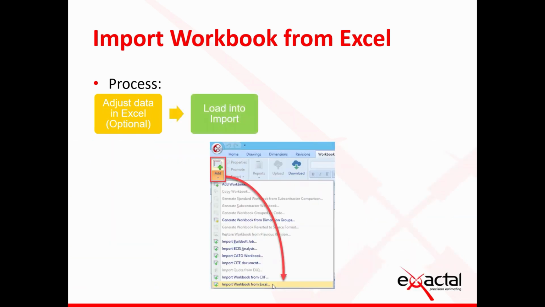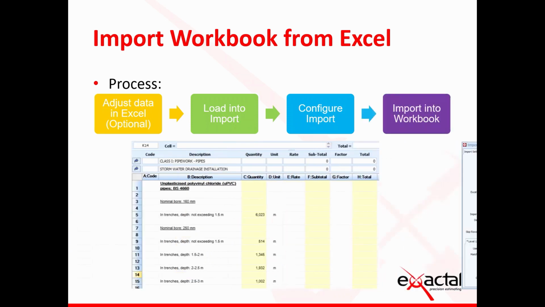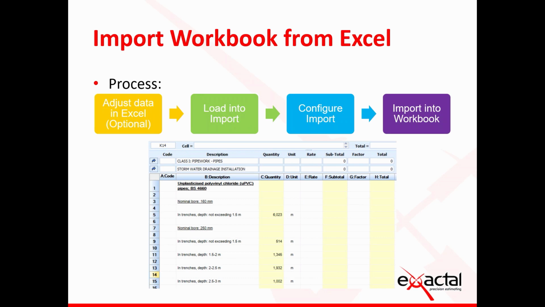Then we load the import in CostX. Once we have loaded the import file into CostX, we can configure the import preview and then configure the required columns as well. Finally, we can import it into a CostX workbook.